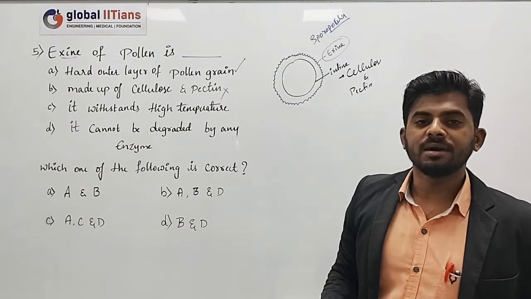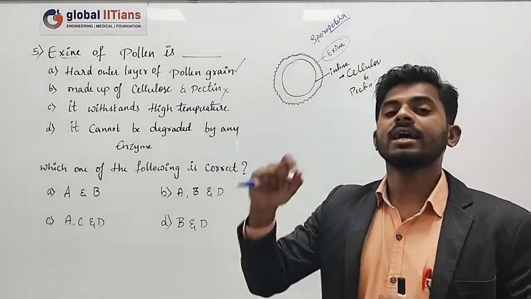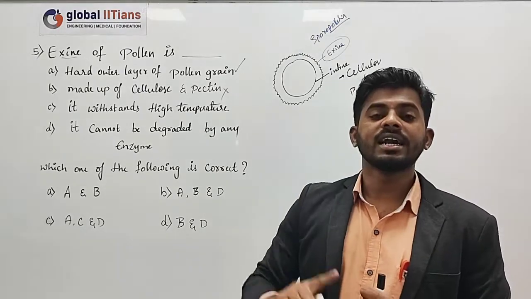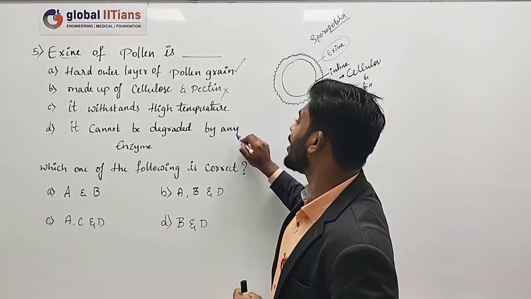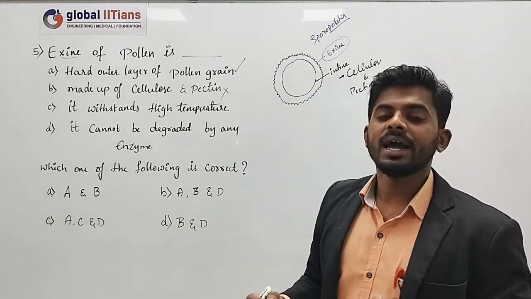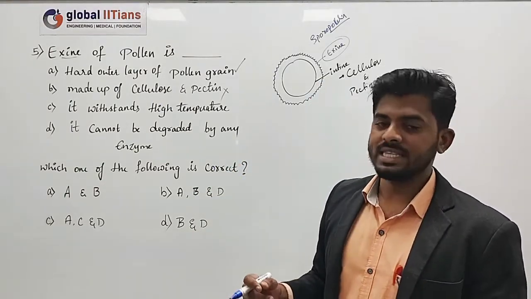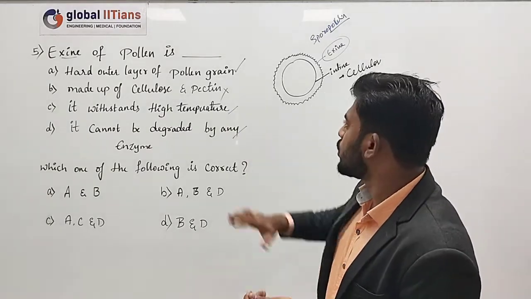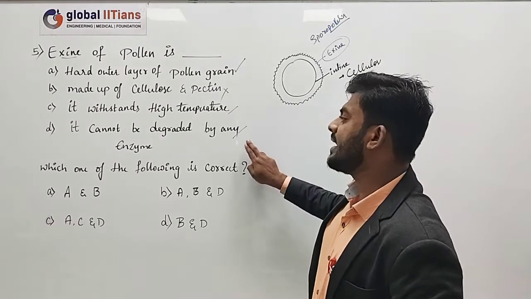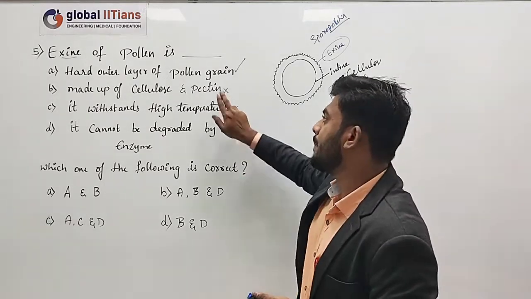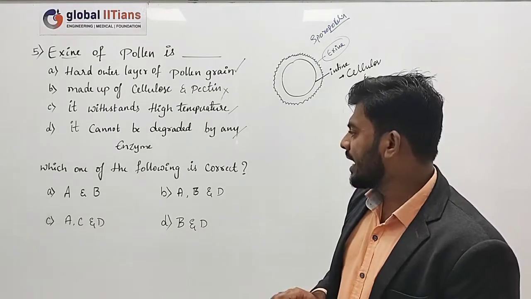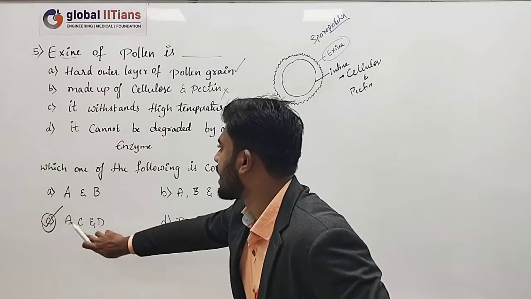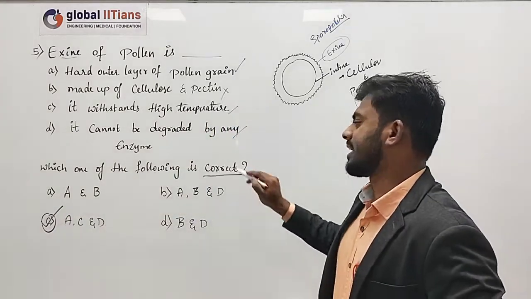The enzyme withstands the high temperature and it won't get degraded by any action of highly acidic content or alkalis, and also it cannot be degraded by any known enzyme. So this statement is also correct and this one is also correct. So we got to know A, C, D are the correct statements, B is the wrong statement. So we can tell here option C is going to be the correct answer. A, C and D are the correct statements.